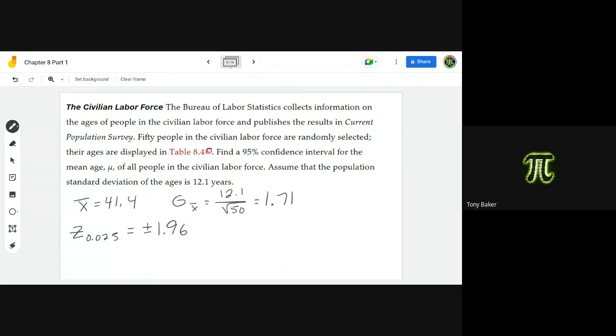All right. So now I can figure out my confidence interval. So I'm just going to take my 1.96 and multiply it by the 1.71. And we get 3.35. And then we do the 41.4 plus or minus that.